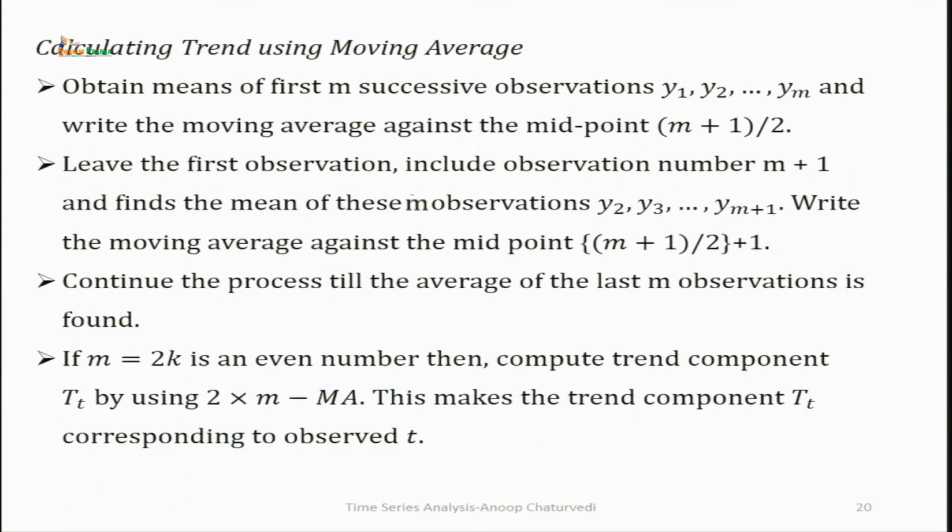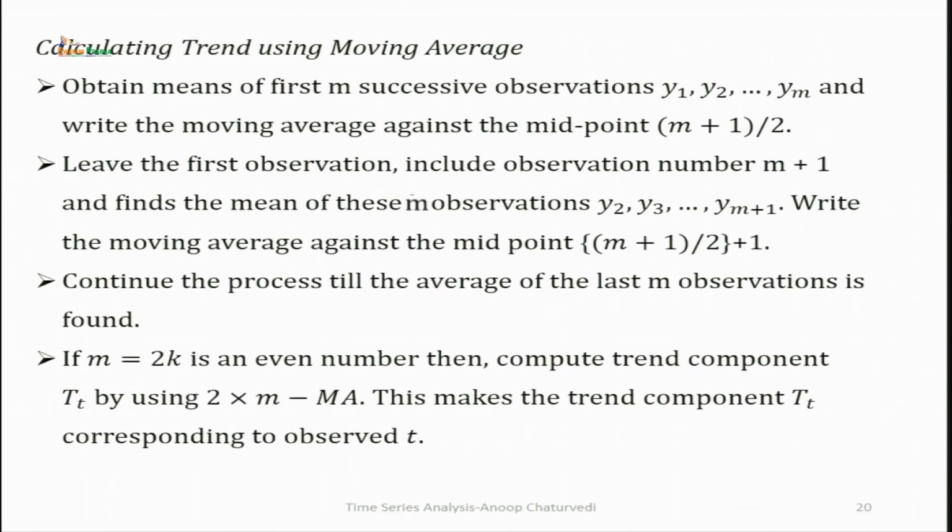So, these are the steps of the method of moving averages. First, you obtain the means of first m successive observations, write the moving average against the midpoint, m plus 1 by 2th point, leave the first observation, include the m plus 1th observation, and find the mean again.